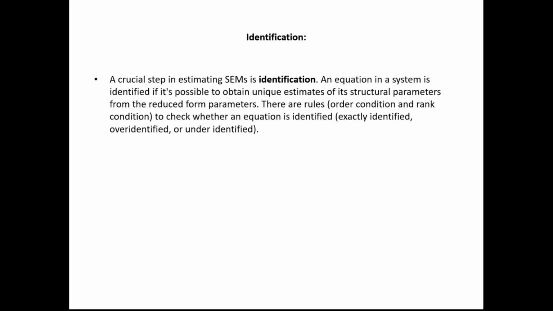So you can estimate the parameters of a simultaneous equation system if the equations are identified. There are certain rules which we shall discuss: the order condition and the rank condition. To check whether the equation is exactly identified, over-identified or under-identified is what we do in this process of identification.